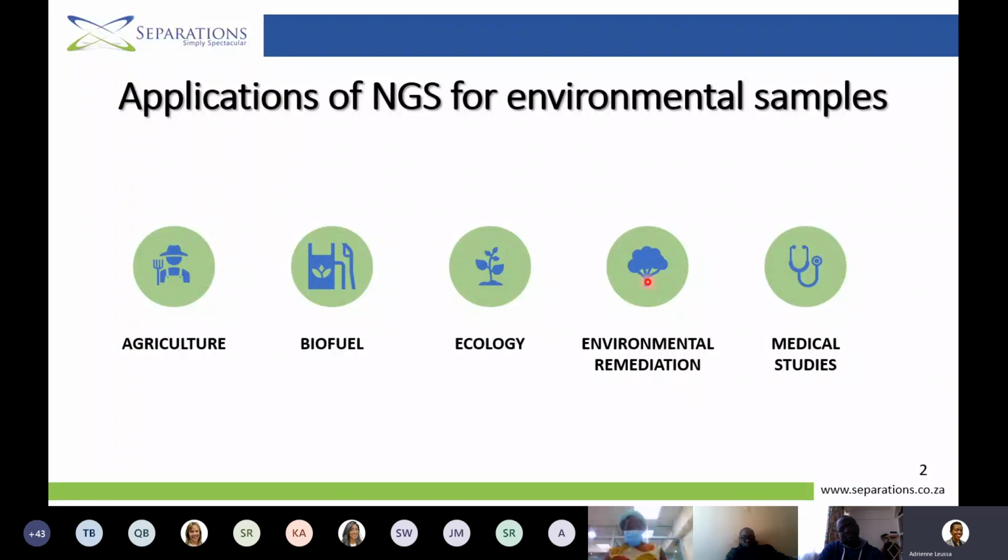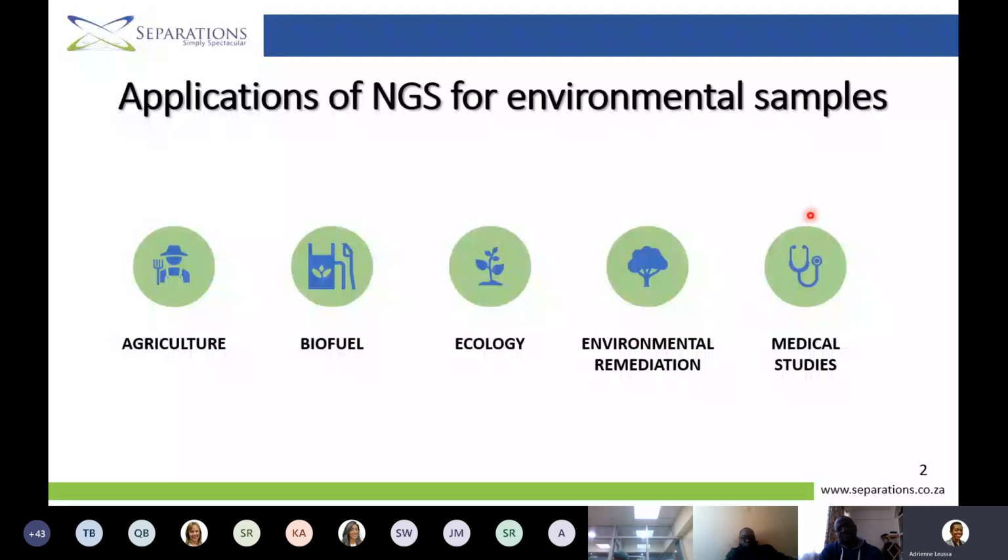And in a related area of study, looking at environmental remediation, when you use NGS to evaluate and eliminate pollutants in the ecosystem, you can use NGS in order to study how pollutants interact with microbial communities, and then evaluate that and make a case for the elimination of these pollutants from the environment.